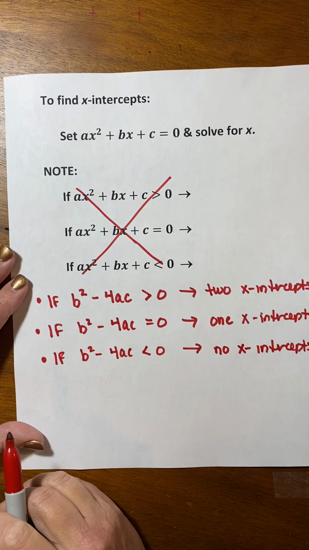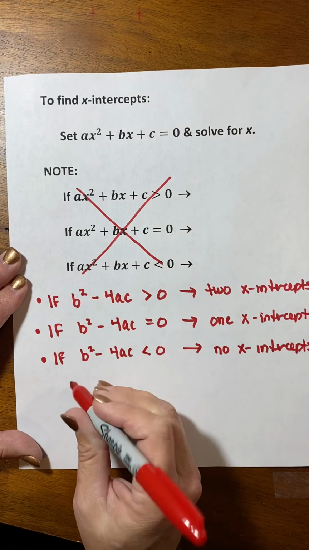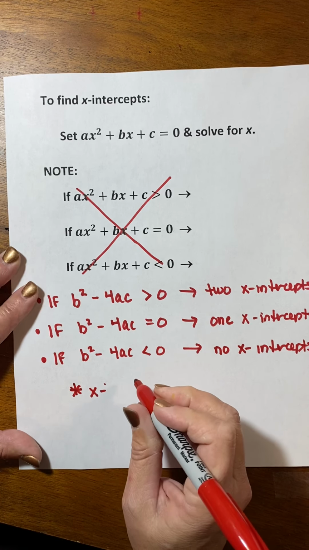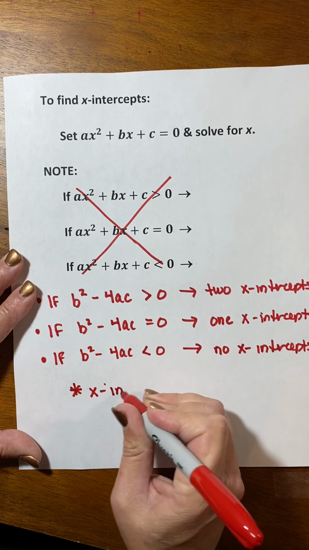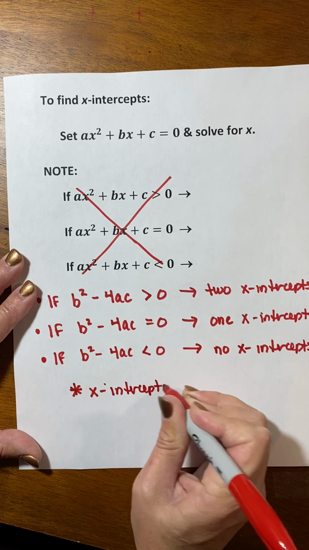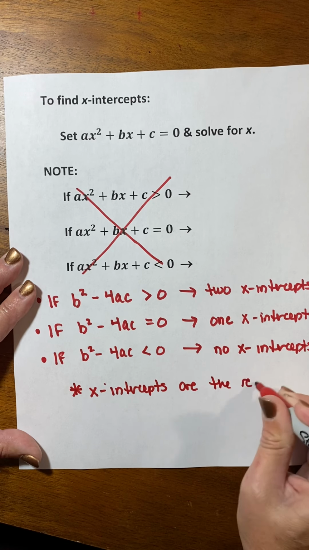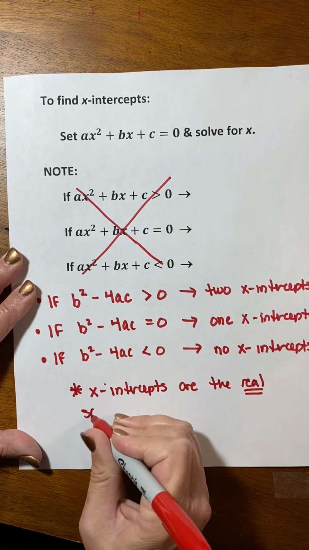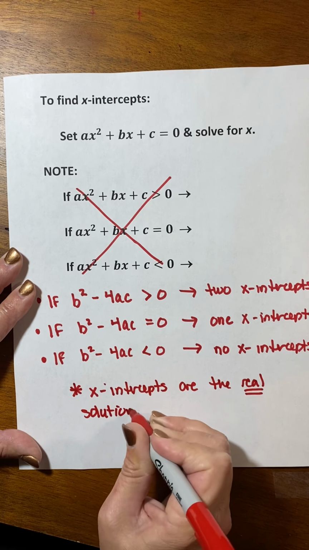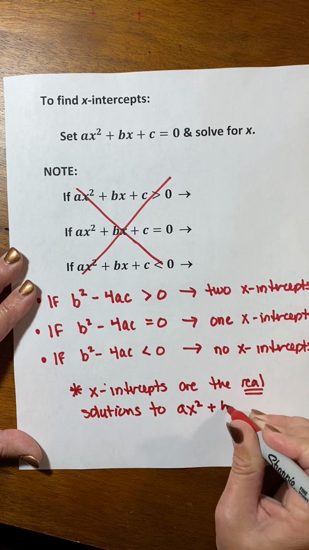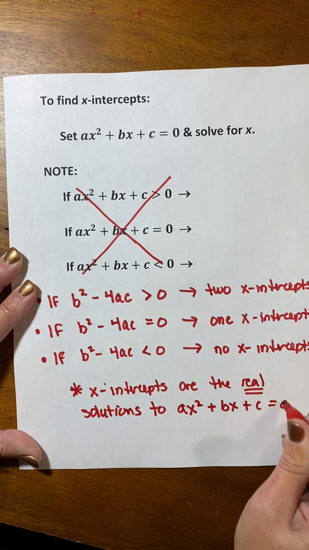So the x-intercepts are just the real solutions to the quadratic equation. So x-intercepts are the real solutions to ax squared plus bx plus c equals 0.